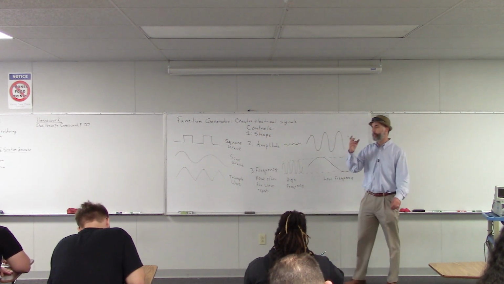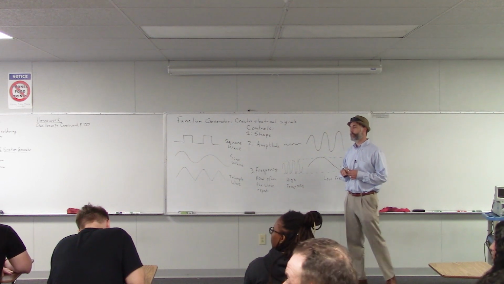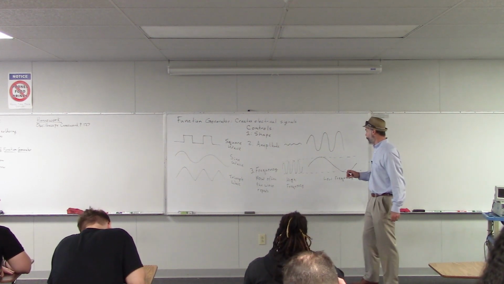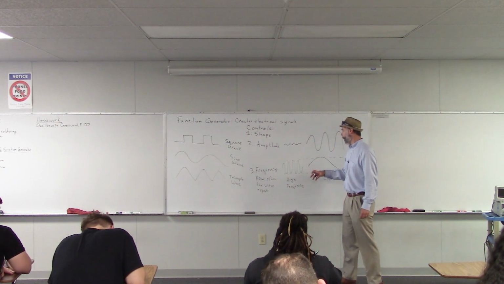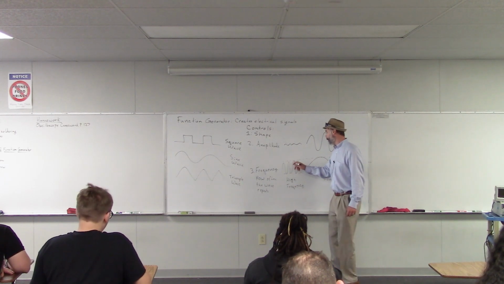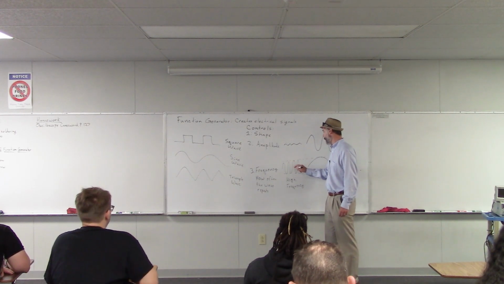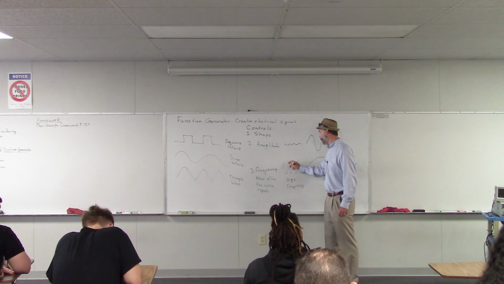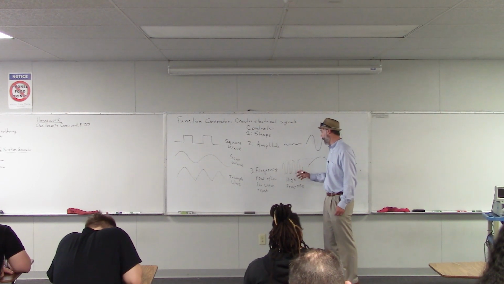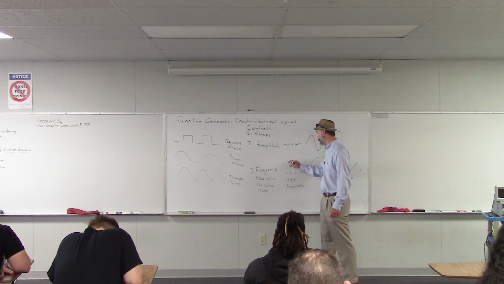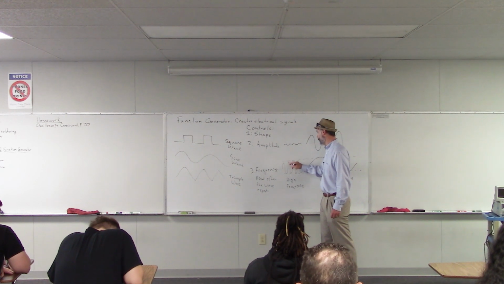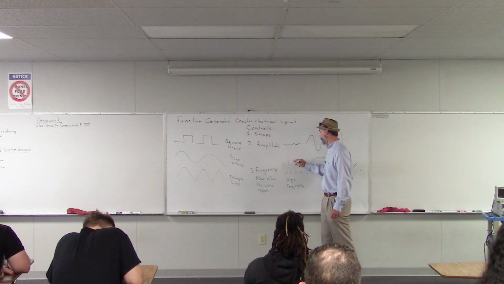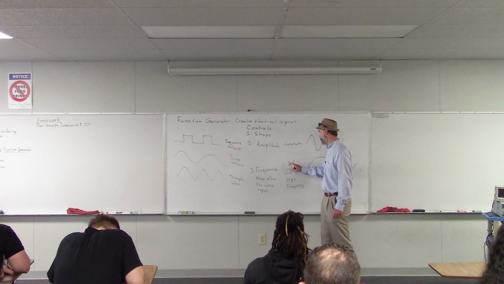Okay, so what the frequency refers to, if you could look at this wave and kind of see that there's one shape that happens over and over again. So you could say that, you know, from the top point to the next top point, that would be one wave.